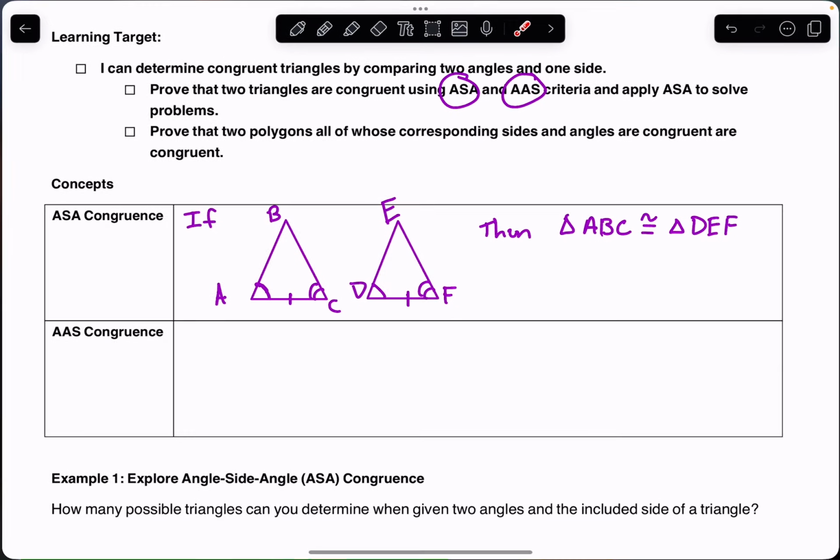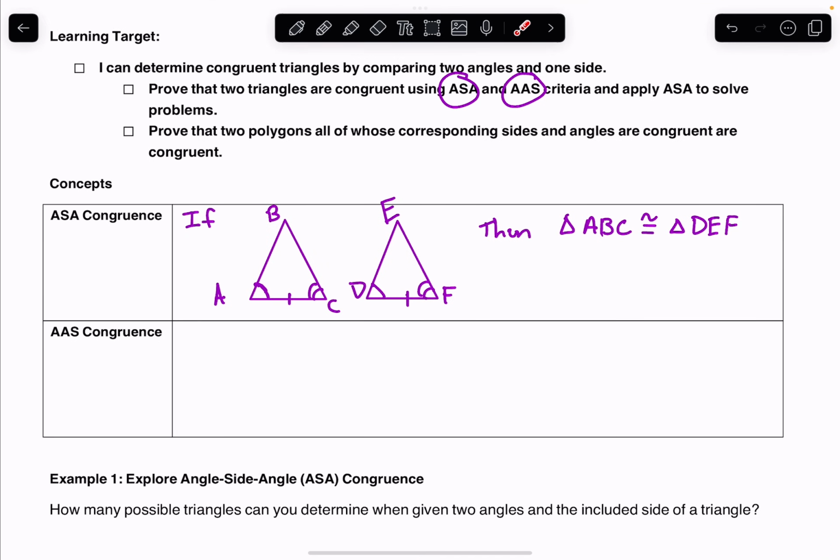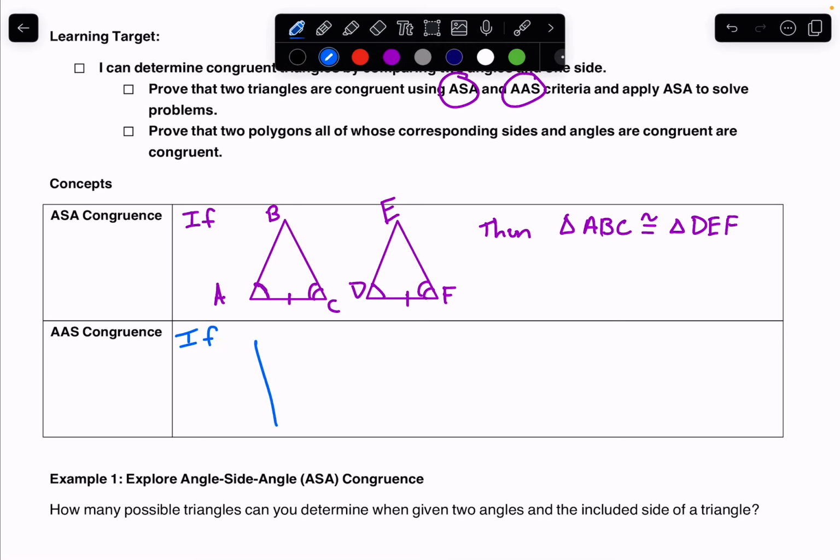So I've got angle-angle-side congruence, which tells me if I have two triangles, again, we'll do them this way this time, make ourselves a little bit more interesting. And if I say that triangle XYZ is one of the triangles and triangle BCD is the other one, I don't know.